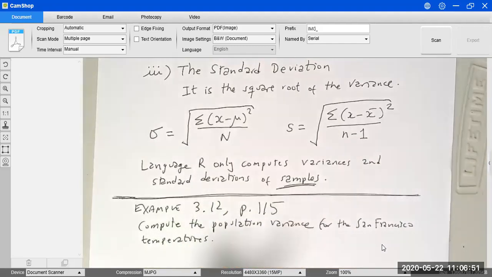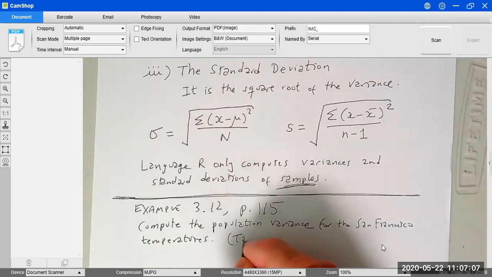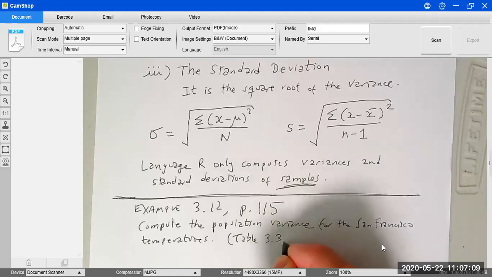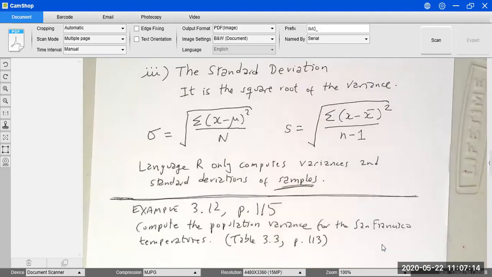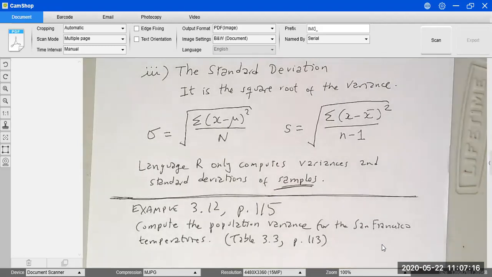That's the information on Table 3.3 on page 113.